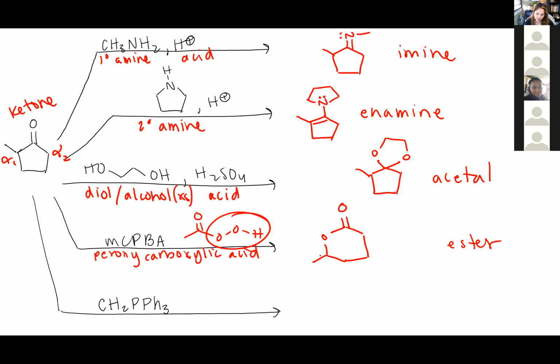So when you take your test, if you see a problem like this, you're also going to see this as an option. So you have to be able to know your migratory aptitude, that the more substituted is going to be favored. What's the weird exception? What's at the very top of the chain for migratory aptitude? Hydrogen. Yeah, hydrogen.